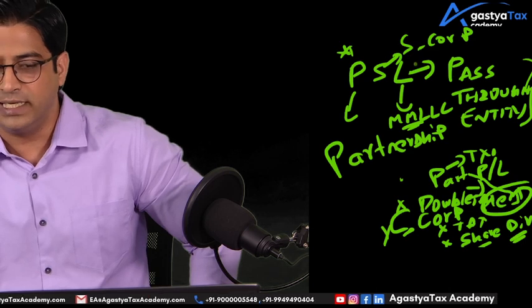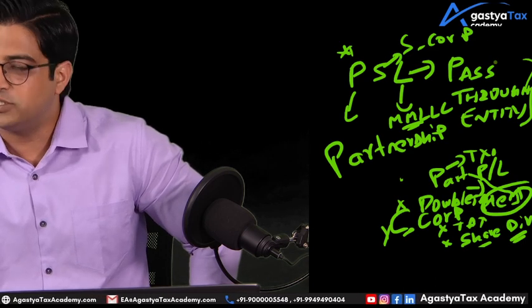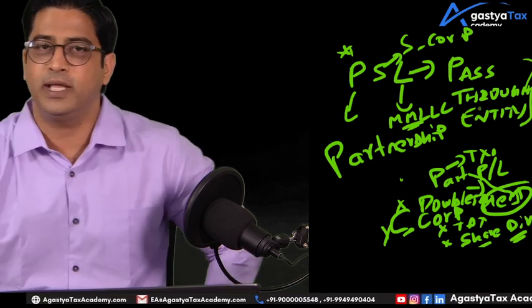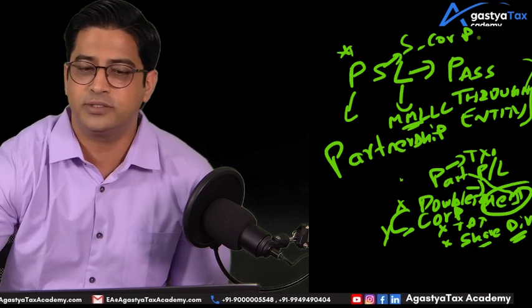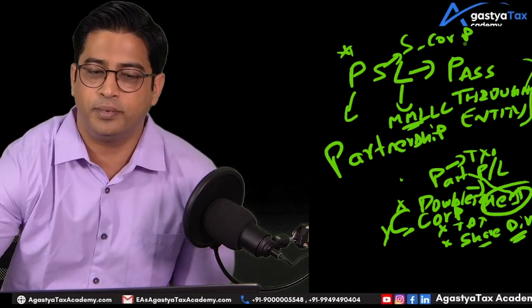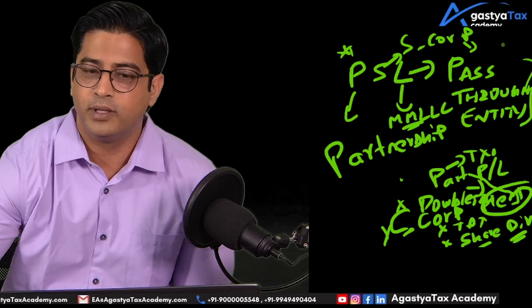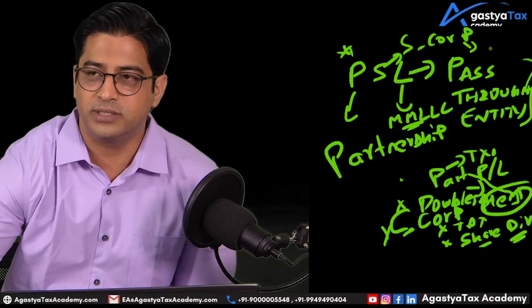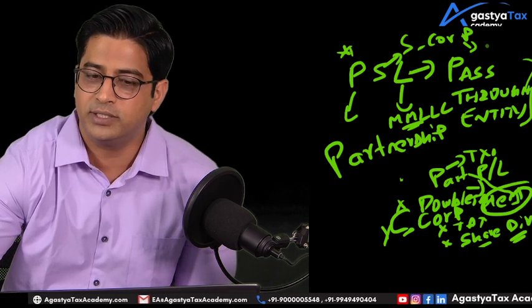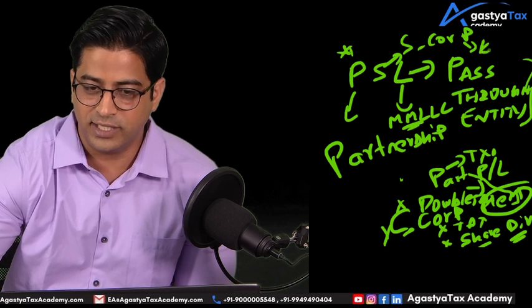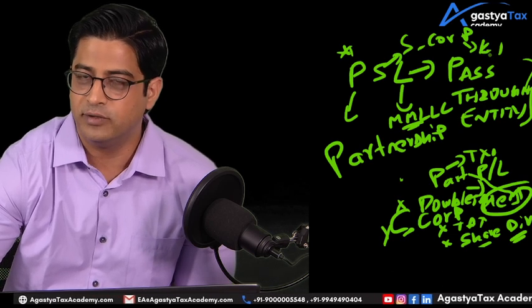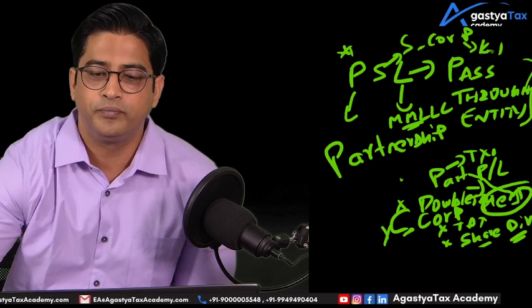The entity will not pay any tax. Only its shareholders will pay the tax. So who are all the shareholders in an S corp? It can have multiple members, right? All those multiple members will receive their Schedule K1s.